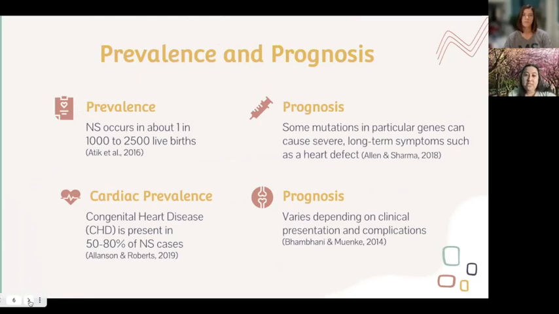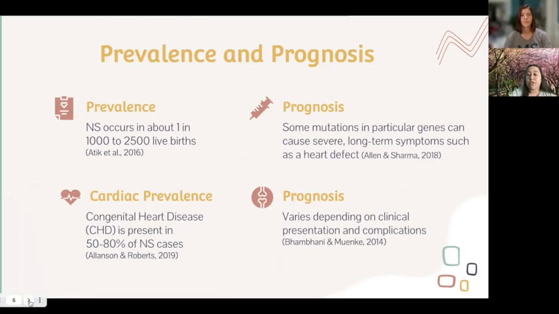When we look at the prevalence and prognosis, Noonan syndrome occurs in about 1 in 1,000 to 2,500 live births. However, this number can change, mainly because some individuals with a milder case of Noonan syndrome often aren't actually diagnosed with the condition, so those are often left unaccounted for.